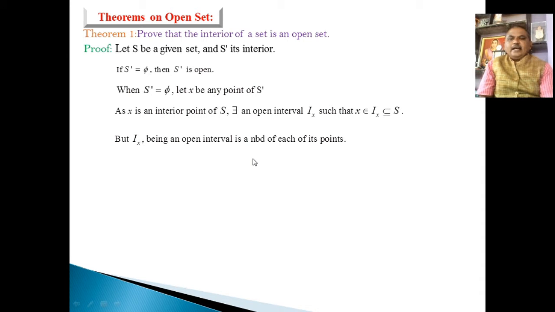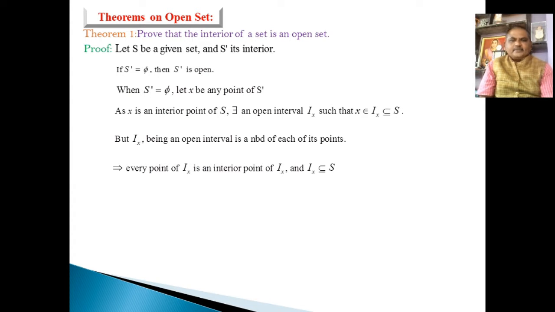But Ix, being an open interval, is the neighborhood of each of its points. Every open interval is the neighborhood of each of its points. This implies every point of Ix is an interior point of Ix.